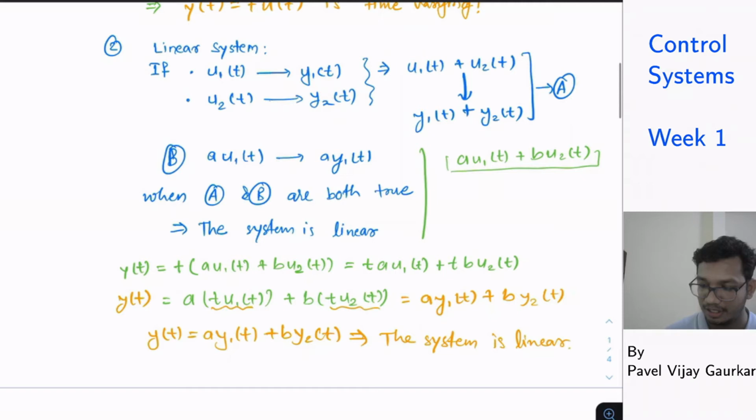If we have learned in the class, we know that a linear system has a governing equation which is a linear ODE with constant coefficients.